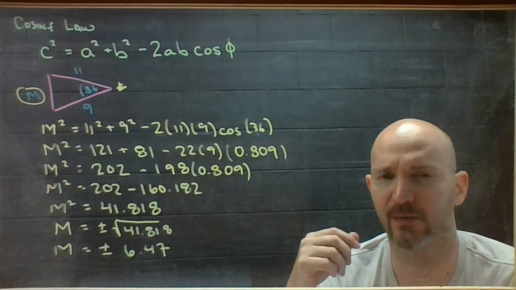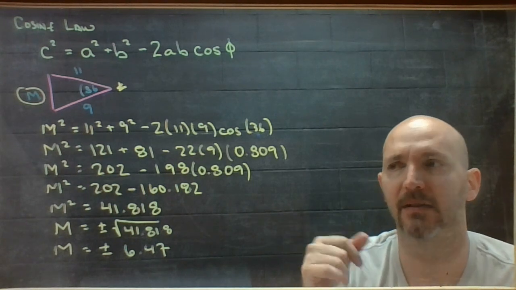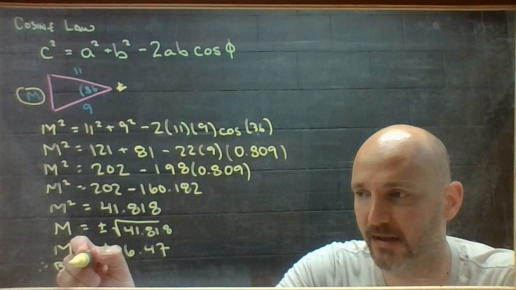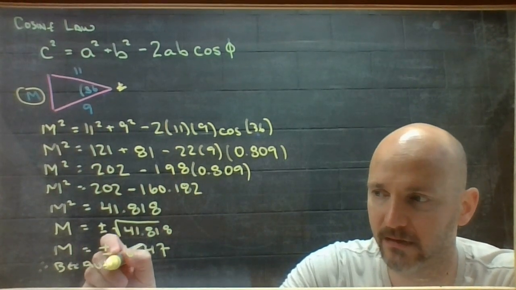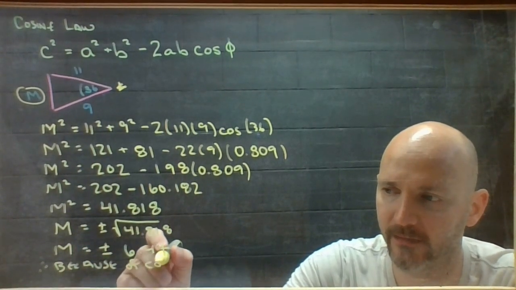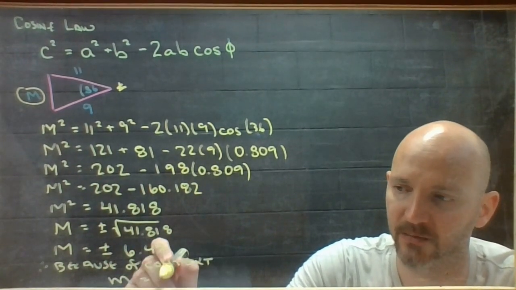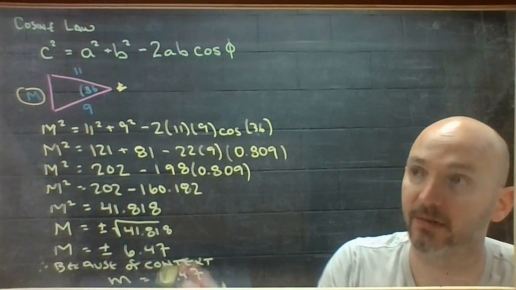Negatives aren't allowed for lengths. That doesn't make any sense. So in this particular question, because of context, the length of that side is going to be positive 6.47 units.